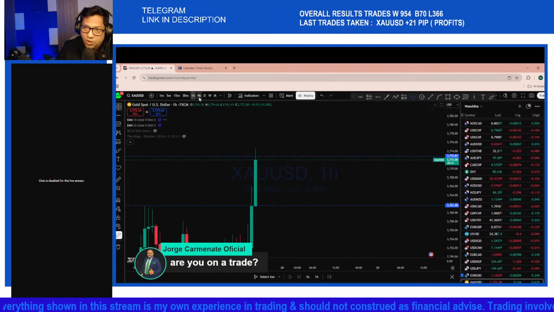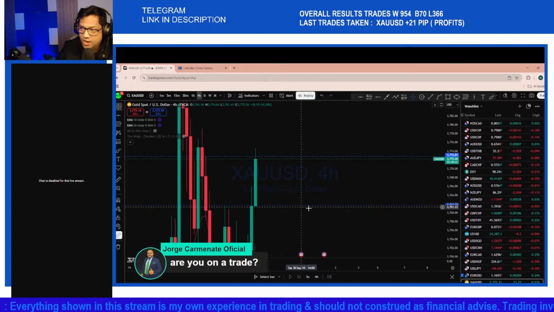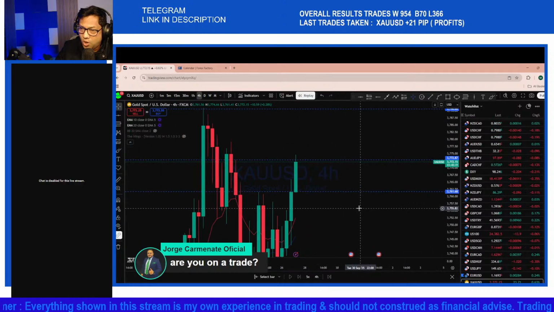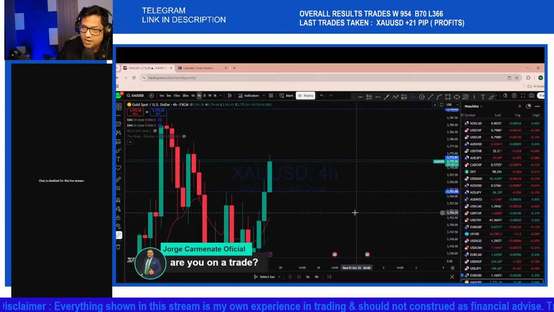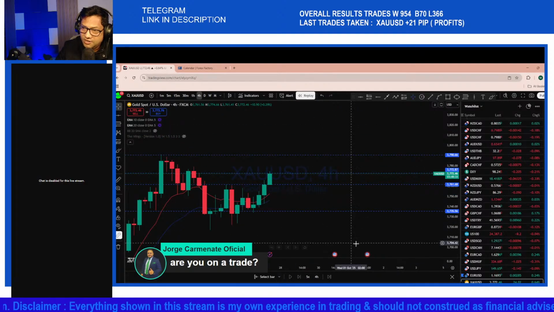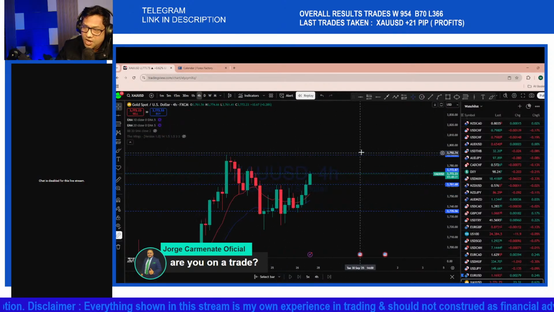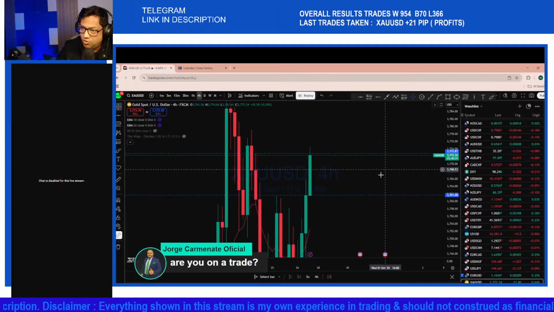This is the 4-hour support and 3761 level is the intraday support, and the market has created a potentially upside impulse here now.